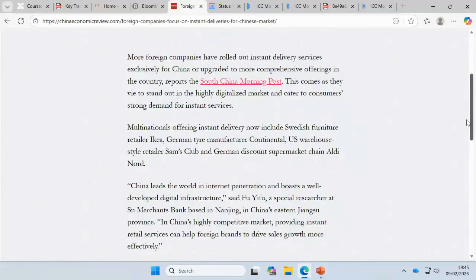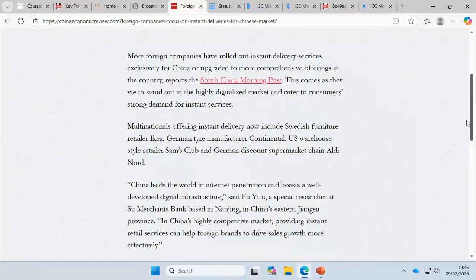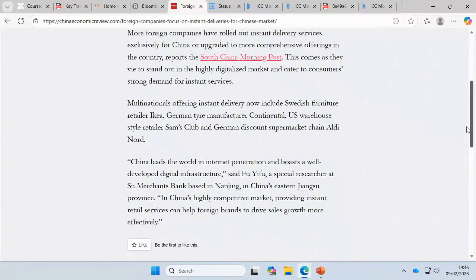This comes as they vie to stand out in the highly digitalized market and cater to consumers' strong demands for instant services. Multinationals offering instant delivery now include Swedish furniture retailer IKEA, German tire manufacturer Continental, US warehouse-style retailer Sam's Club, and German discount supermarket chain Aldi Nord.